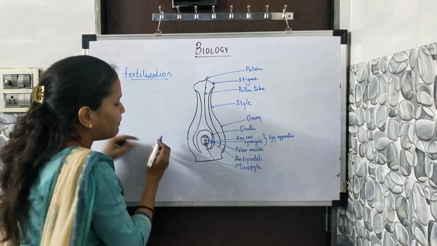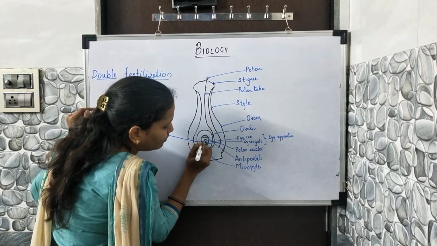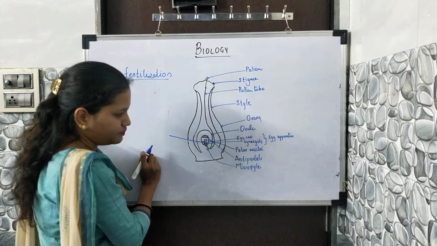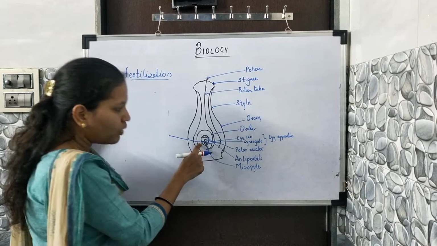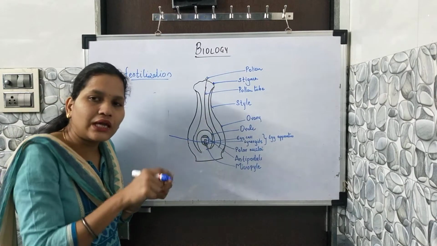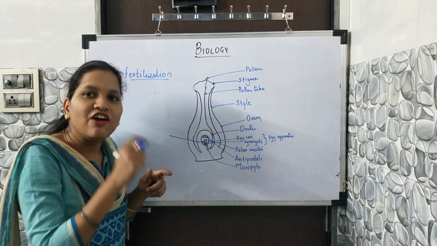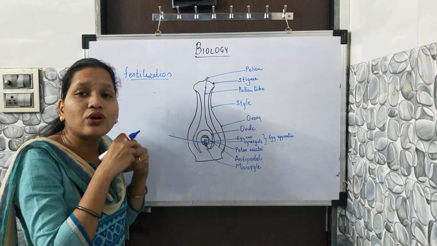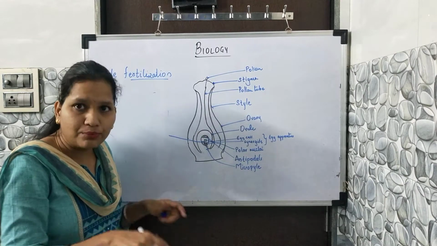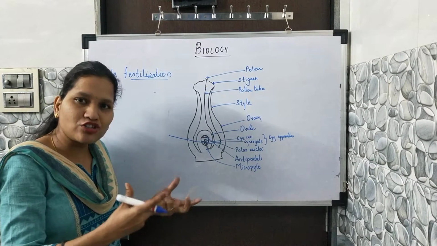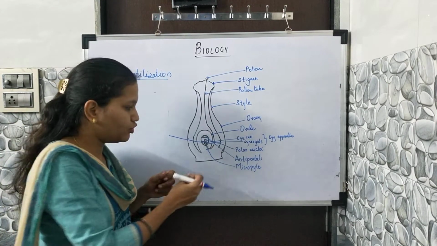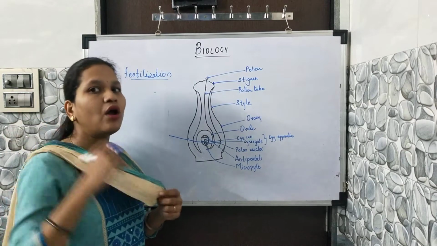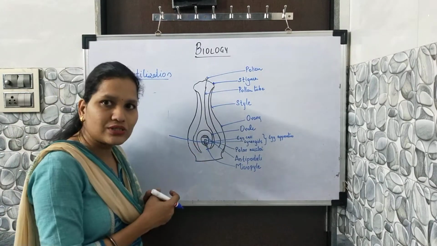So what is going to happen? One non-motile male gamete is going to come over here, inside the egg cell. How? The synergids, which have hair-like projections called the filiform apparatus, are going to rupture the pollen tube. Because of that, the two non-motile gametes are going to enter inside the ovule, the embryo sac.